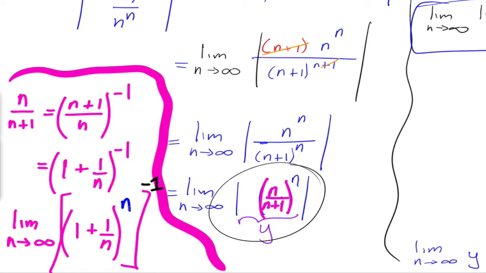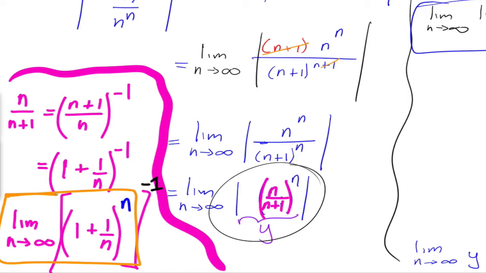Everything except for that raised to the negative 1. What is that? 1 raised to the infinity. Let's go. This right there, what is that? Oh, that, 1 raised to infinity. Right. It is the definition of e.